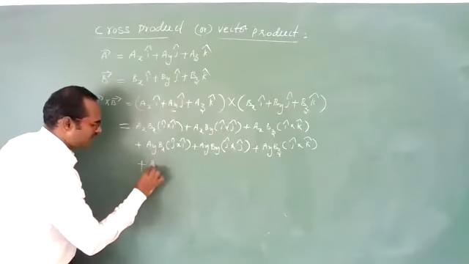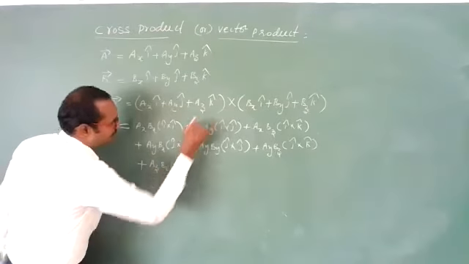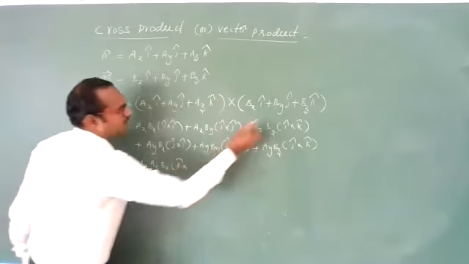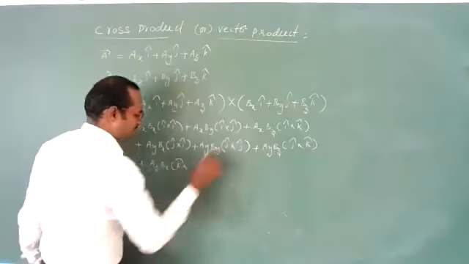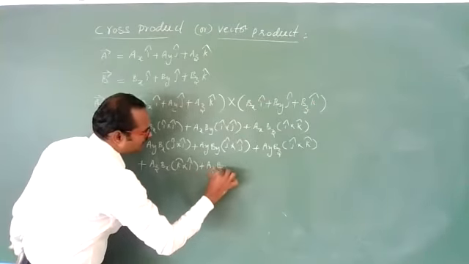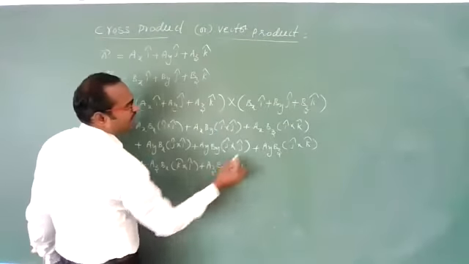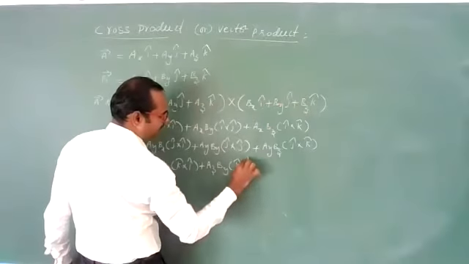Next, with Az we should do plus. These all plus only. Az into Bx, Az is along K cap, cross Bx is I cap. Plus Az into By K cap, Az is along K cap, By is along J cap.